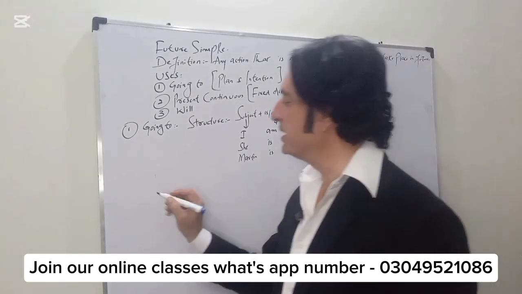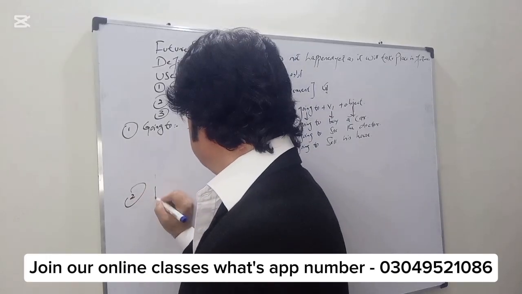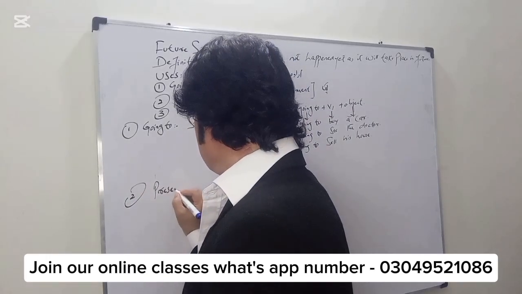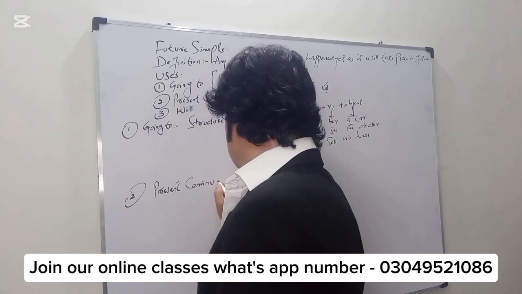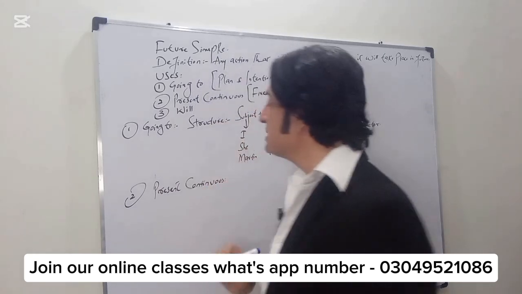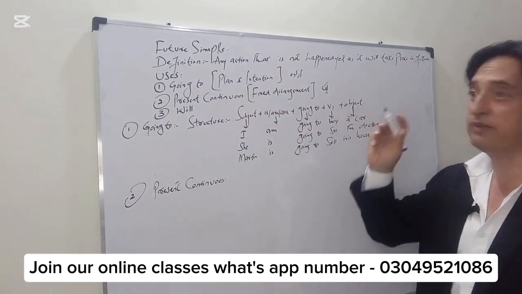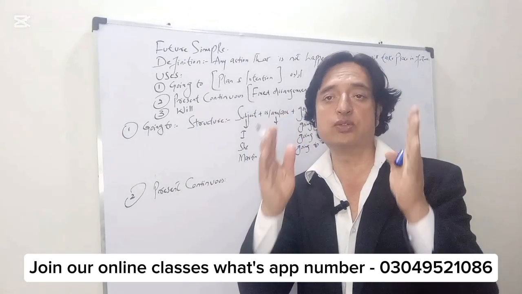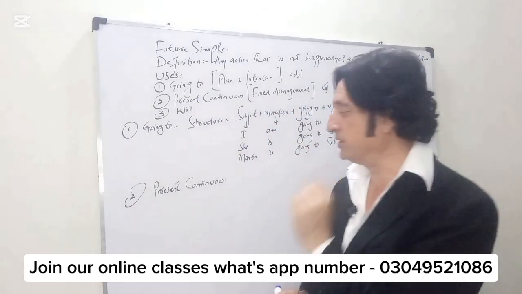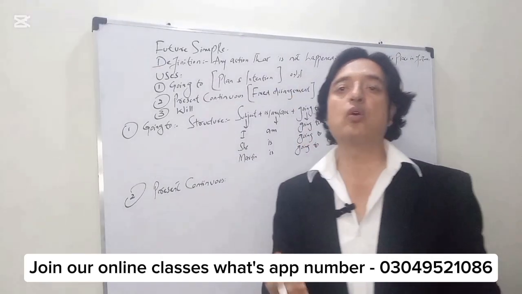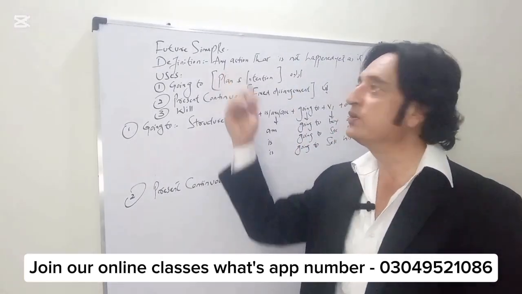The second use is present continuous. All right. Present continuous is for fixed arrangements. When you are very much certain, you are very much sure that you would be doing something, you use present continuous. You would be wondering, how come the present continuous in the future simple?